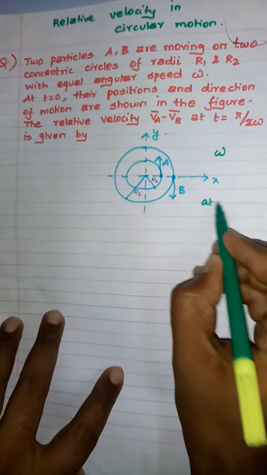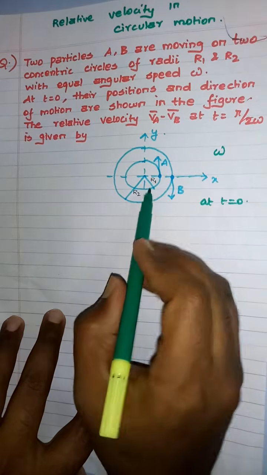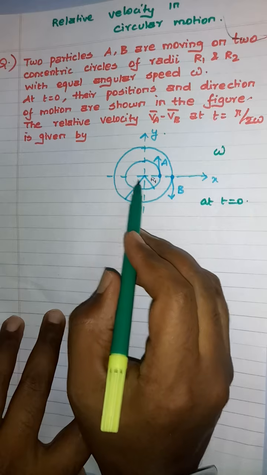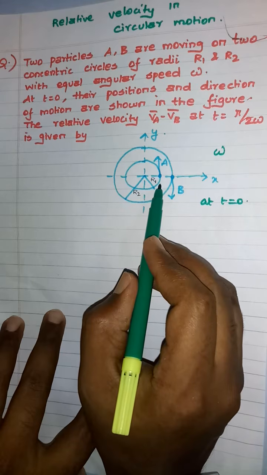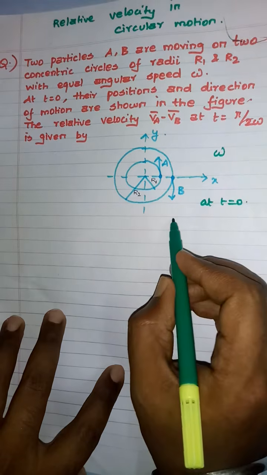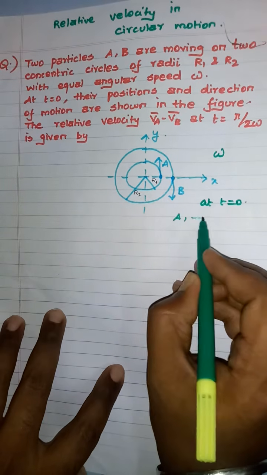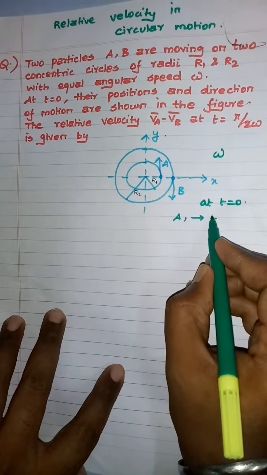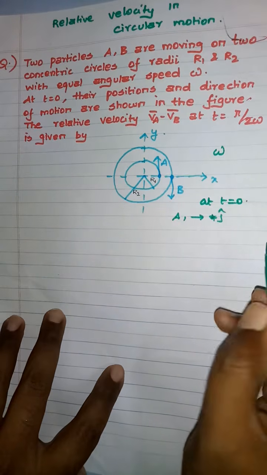At t = 0, the particle A, which is revolving in the anticlockwise direction, is pointing towards the positive y-axis, that is plus j cap.